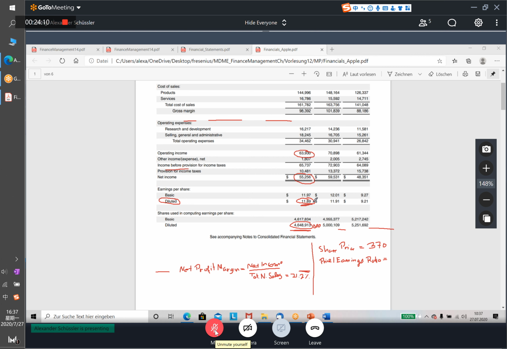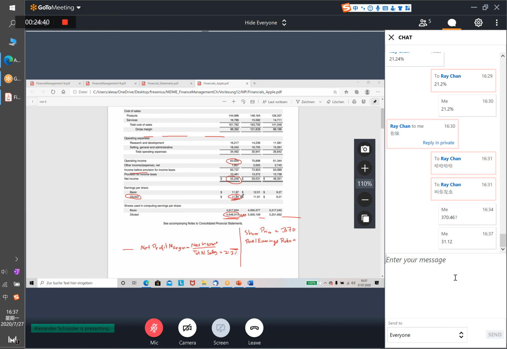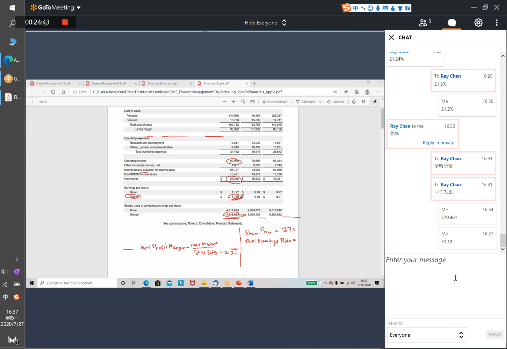So what is the price earnings ratio? You said, Liang, it is share price divided by earnings per share. So do that and tell me what the price earnings ratio is. Okay, Liang says 31.